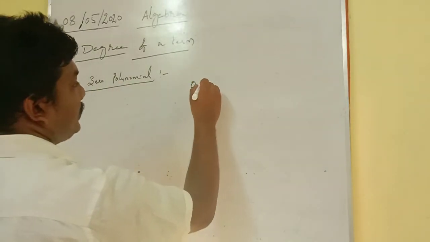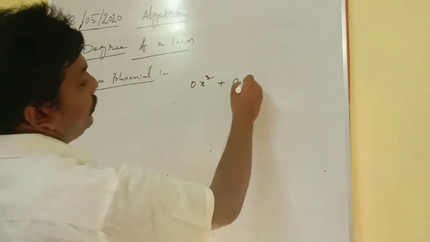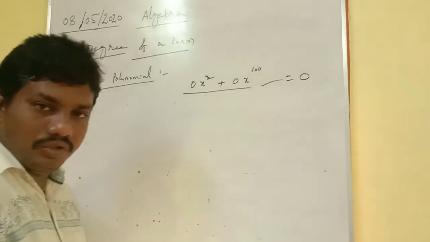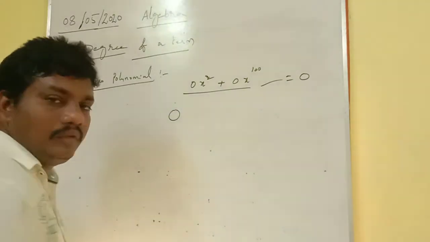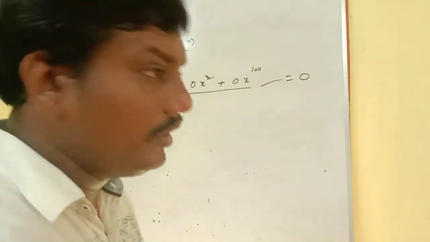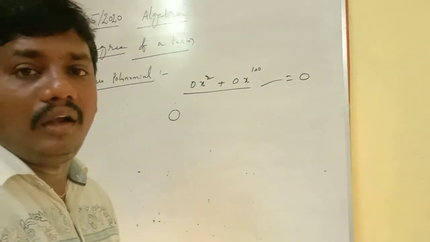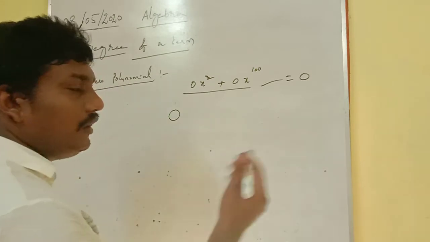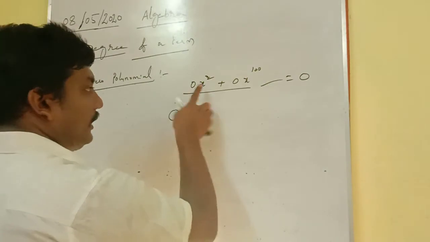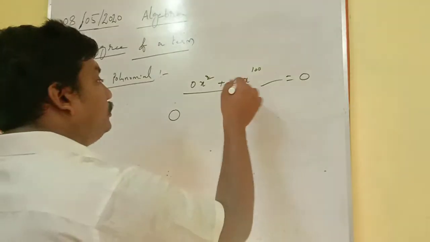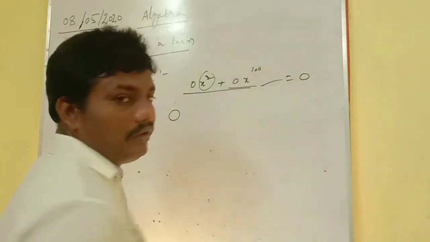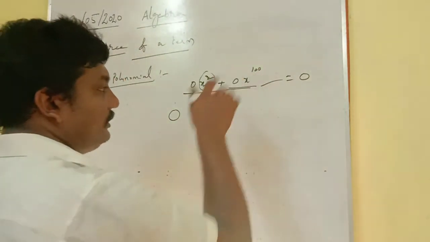Suppose 0x square plus 0x power 100; all will be 0. So the 0 polynomial is nothing but 0. What is the degree of the 0 polynomial? We cannot find it. It is undefined. Why? Because beside 0 you can write a variable of any degree; for example, it could be a 100th degree polynomial, because the variable power is 100.